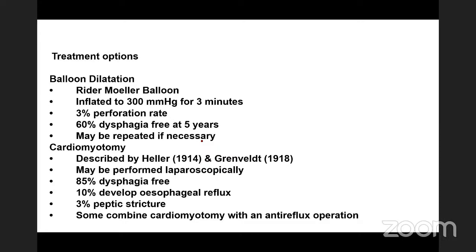Usually this is done as a palliative measure, especially in patients that are elderly, where you don't want to operate, or they have several comorbidities where surgery may predispose them to a lot of issues. Now, cardiomyotomy is the operation of choice, described by Heller in 1914, and Groenveldt in 1918.